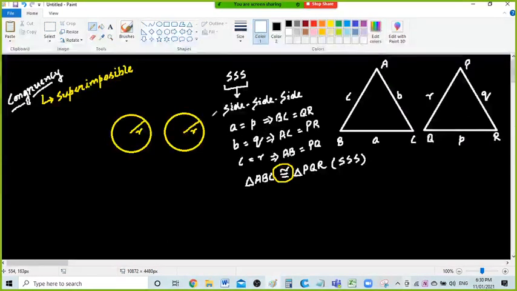Similarly, we can have one more congruency rule. In fact, we have a few more as well, but that we will discuss later. So now let me check out another one.